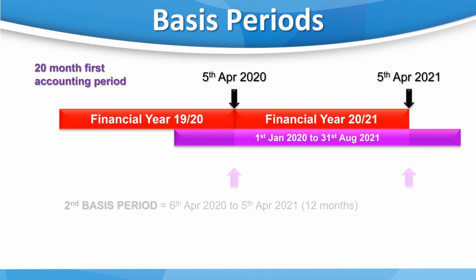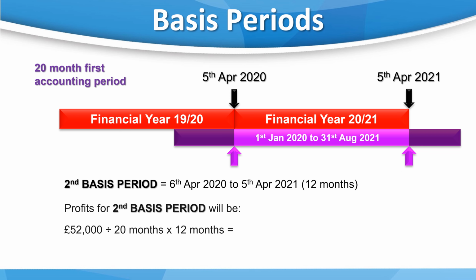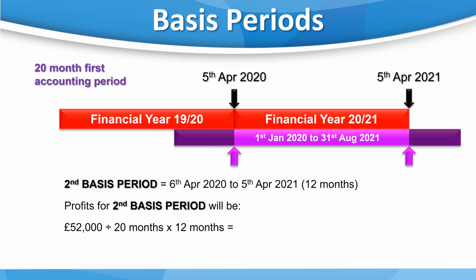That is, the 6th of April 2020 to the 5th of April 2021. It's calculated as £52,000 divided by 20 multiplied by 12, which is £31,200. And you'll have noticed that there aren't any overlap profits yet.